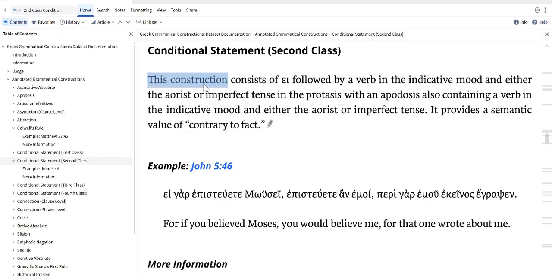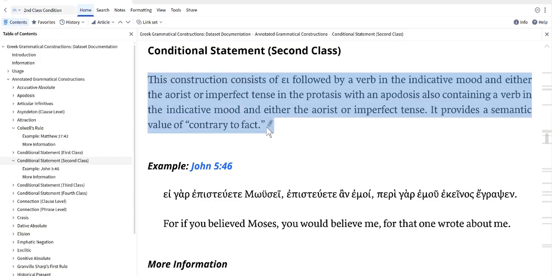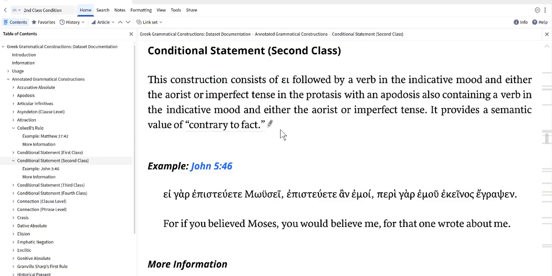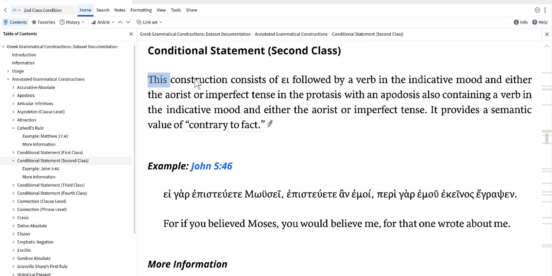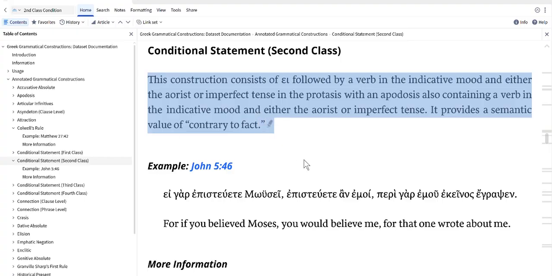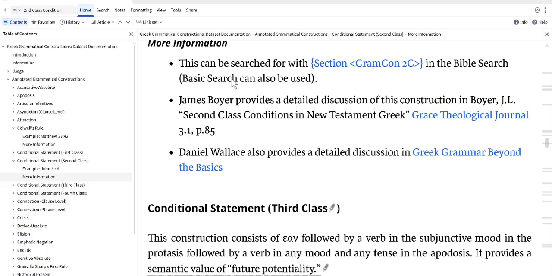Basically it says that it's a false statement here. But let's go to the grammars that I highlighted, because that's where you're going to find some really good information.